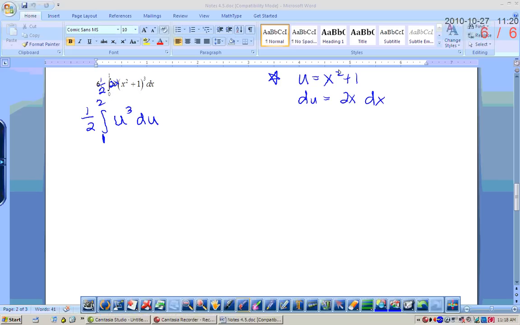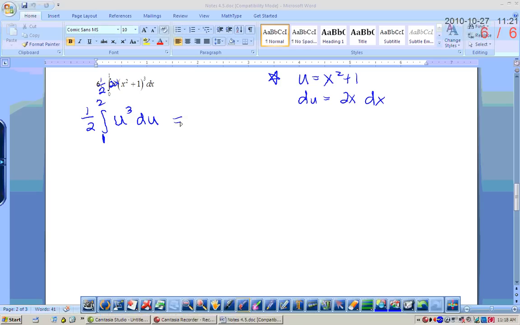So I go to my u equals x squared plus 1 and plug in a 0 for x, and I get that u is 1. And when x is 1, u is 2. Absolutely. Anytime you have a definite integral, you plug your limits of integration into your u equals and be done with it.